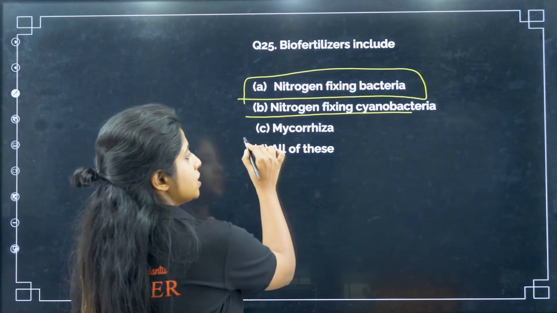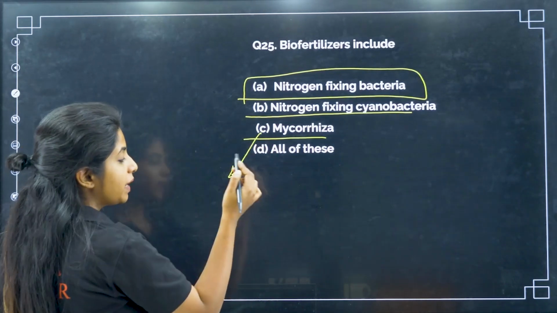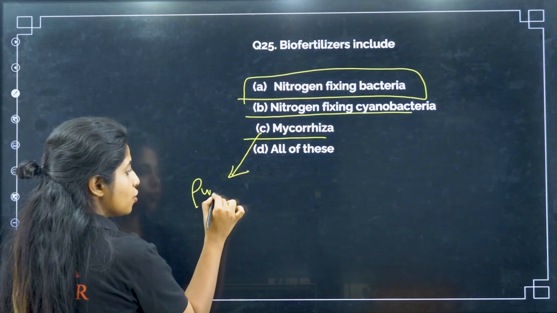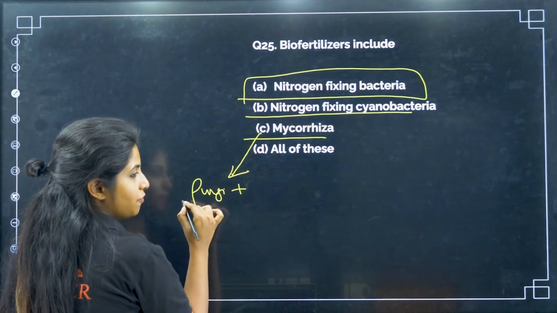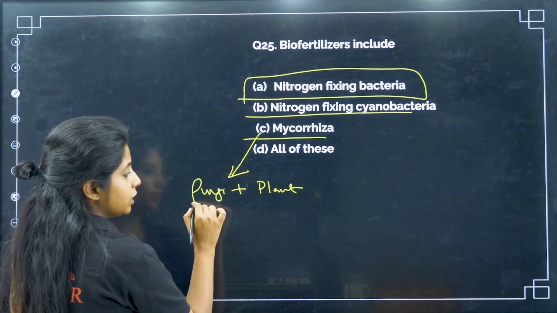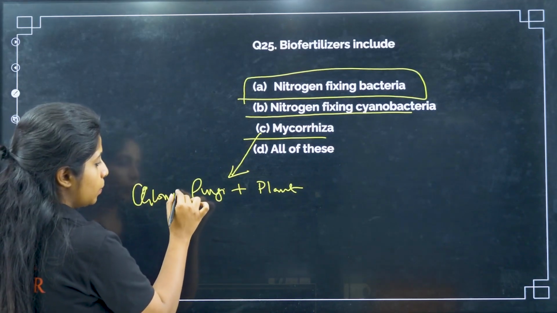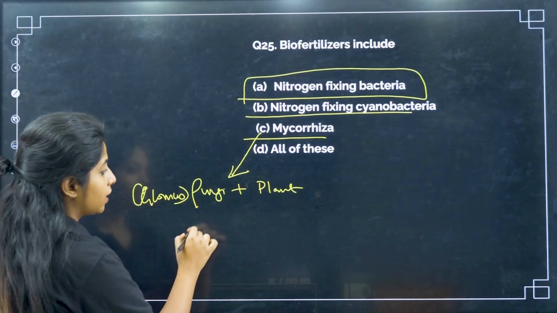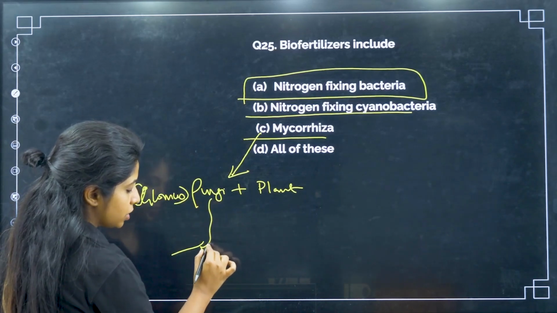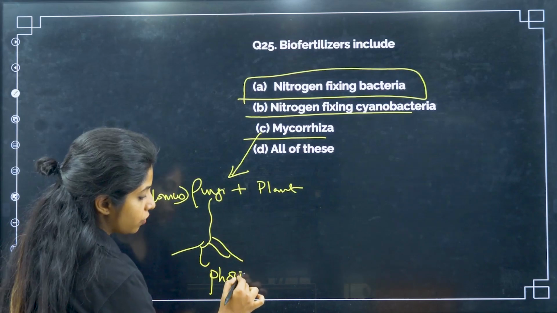Now mycorrhiza, do they act as biofertilizers? Yes, they do. What is mycorrhiza? Mycorrhiza is basically a combination of fungi and plant root, my dear children. What exactly happens over here? This fungi belongs to the genus Glomus, and what is it doing? With the help of its hyphae, it goes deep into the soil and takes phosphorus from the soil.